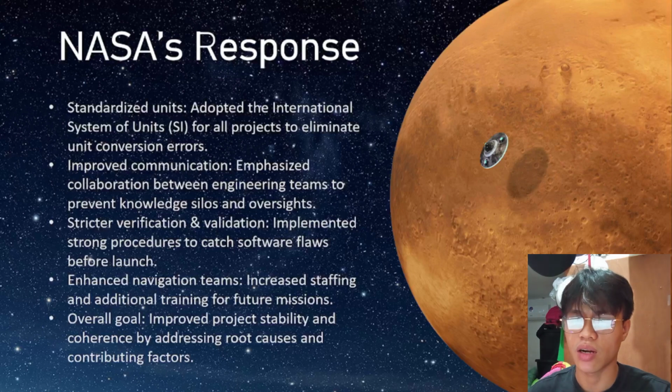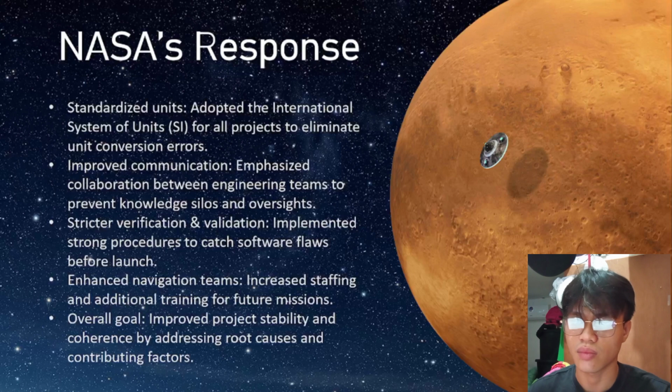NASA wanted to dramatically increase the stability, coherence, and overall performance of future spacecraft missions. To this end, the agency invested in the training and staffing of navigation teams, standardized units, improved communication and collaboration, and implemented strict verification procedures.